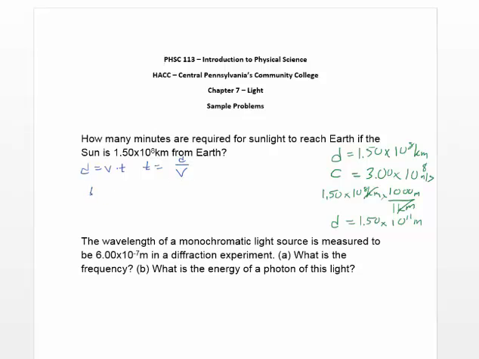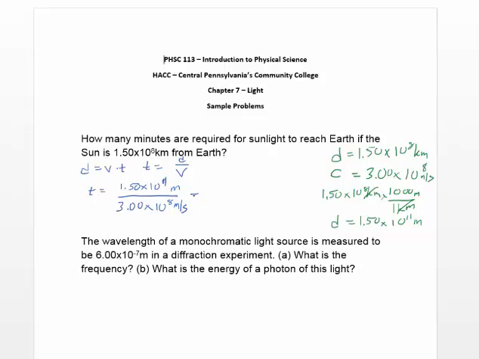In this case, the time is equal to the distance, which we found is 1.5 times 10 to the 11th meters, divided by the velocity of 3.00 times 10 to the 8th meters per second.